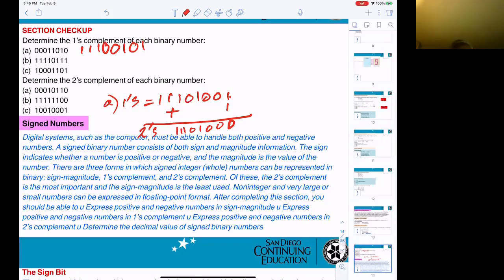Hey, Mr. Pham, shouldn't that first one have been 0 carry 1? Which one? 1 adding to 1 equals 0 carry 1? Yeah, in the part where you're doing the second complement. Okay. 1 adding 0, you get 1. 1 adding to 1 is 0 carry 1.